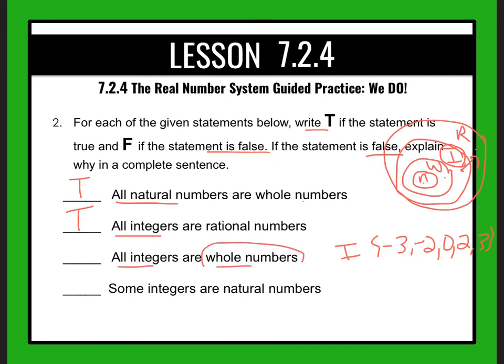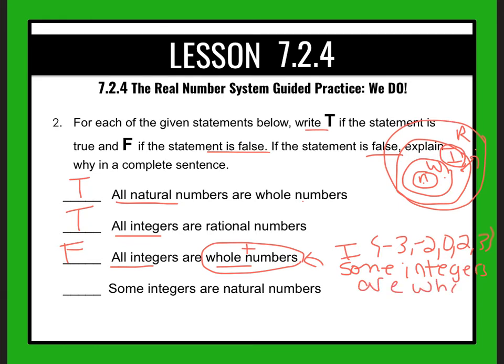Well, I know that whole numbers are only positive values. So that word all, I'm going to say, makes this a false statement. Some integers, all right, I can say some integers are whole.